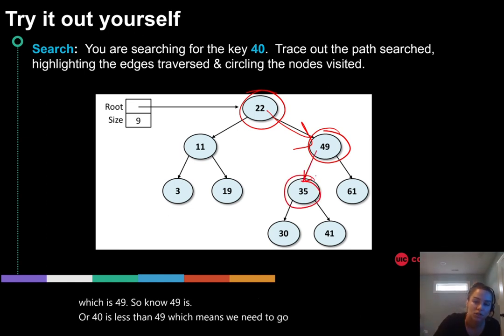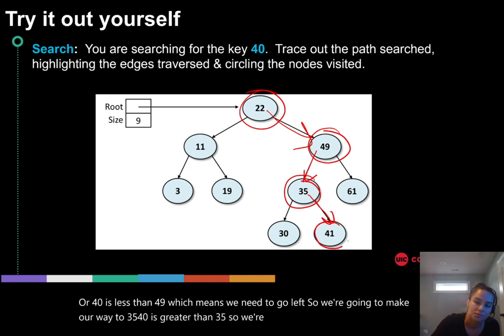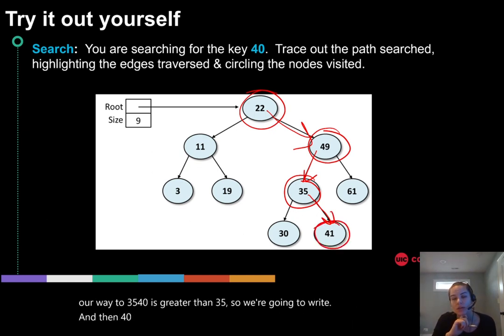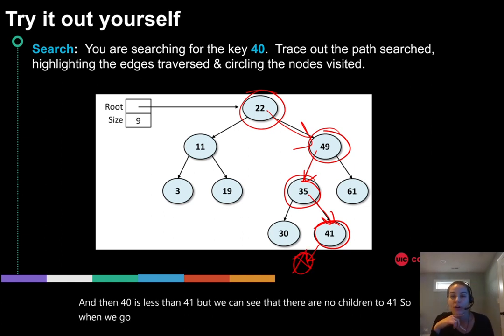So we're going to make our way to 35. 40 is greater than 35, so we're going to go right. And then 40 is less than 41, but we can see that there are no children to 41. So when we go left, we're going to get to a null pointer.